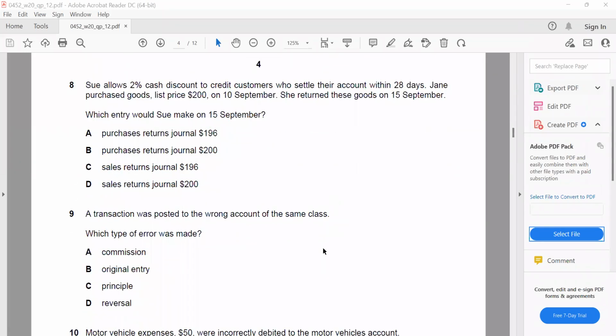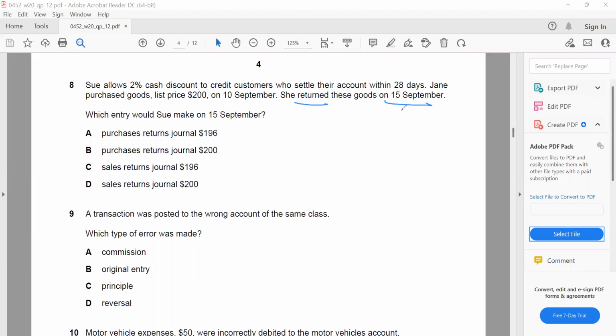Okay. Question 8. Sue allowed 2% cash discount to customers who settled their account within 28 days. Jane purchased goods, list price 200. On 10th, she returned these goods on 15th. Which entry was made by Sue on the 15th?